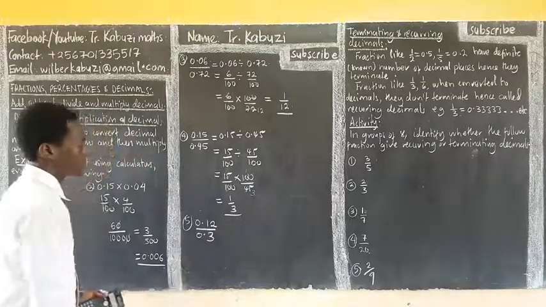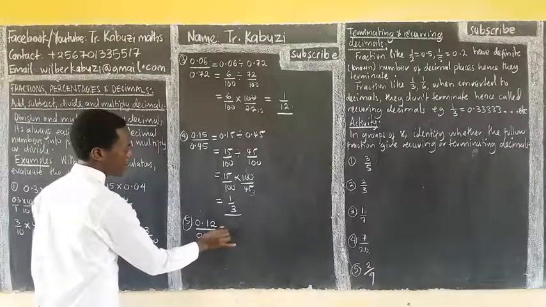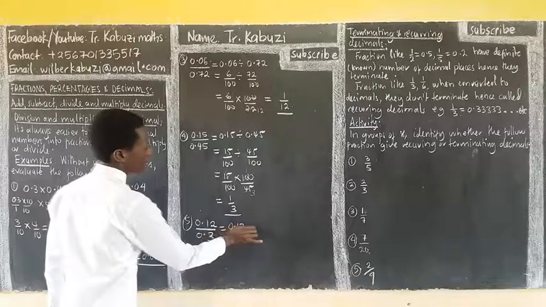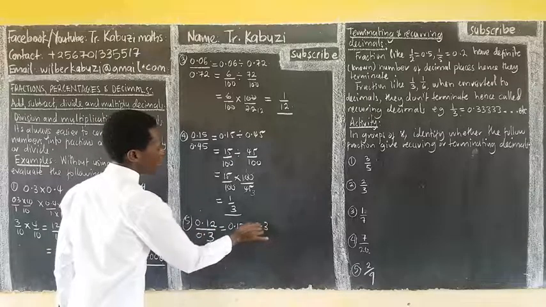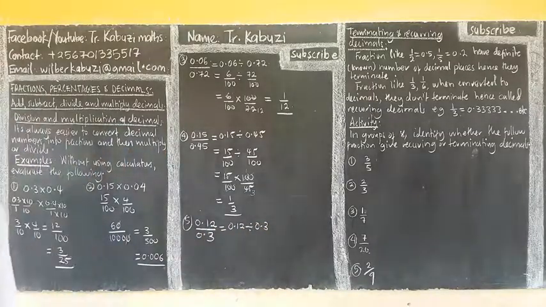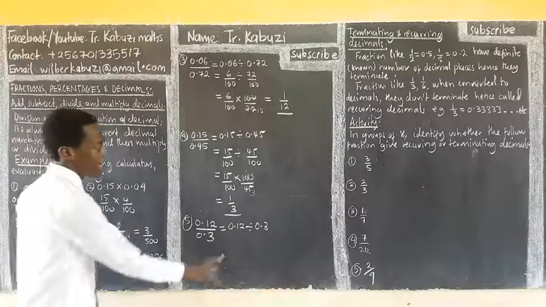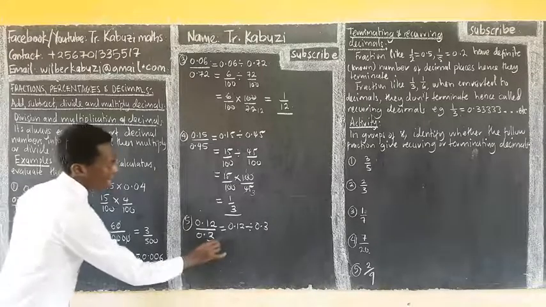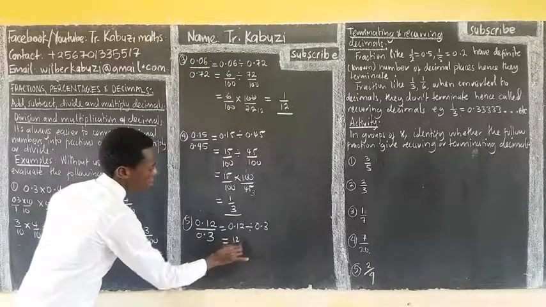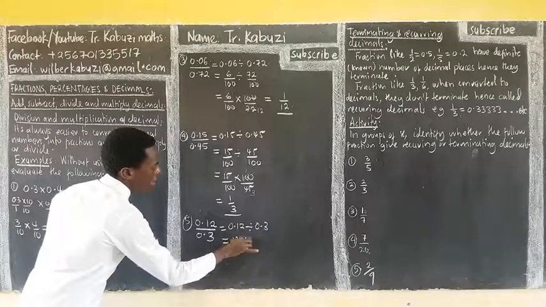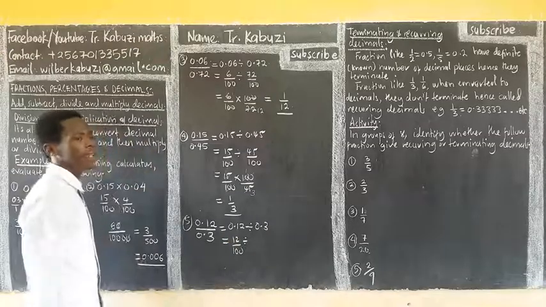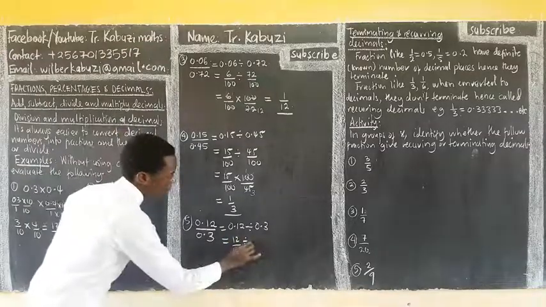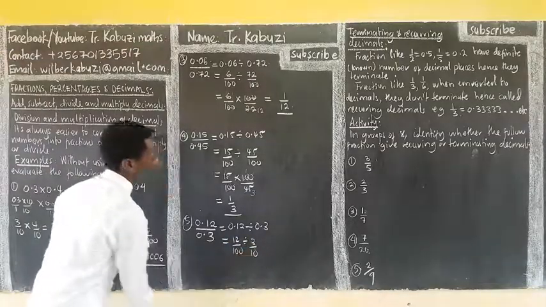Can you simplify this also? This is the same as 0.12 divided by 0.3. What are you going to do? Convert to fraction. How many decimal places? 2. So this is going to be 12 over 100 divided by, this one having 1 decimal place, that means we divide with 10.